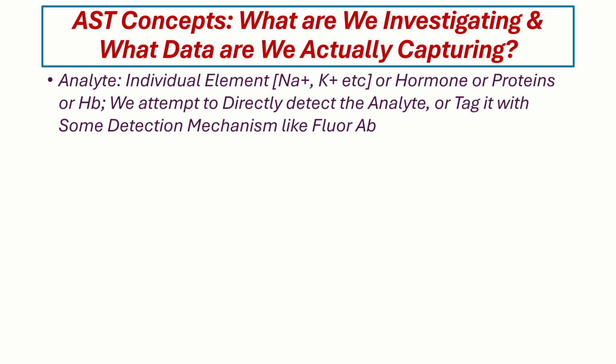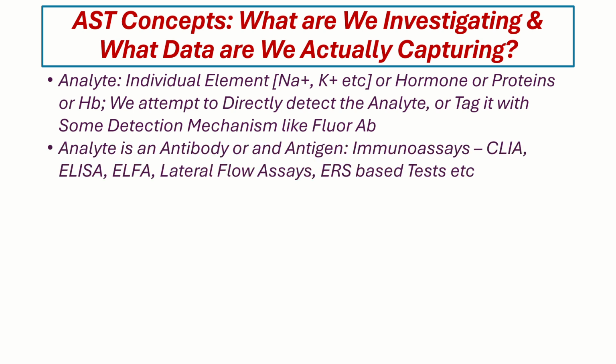So certain AST concepts that we need to know: antimicrobial susceptibility testing is not the same as the usual investigations that we send to the labs, because in the usual investigations the data that we are actually capturing is the analyte. For example, if you want to check the sodium, potassium levels or the hormone levels, we attempt to directly detect the analyte or tag it with some detection mechanism like a fluorescent antibody.